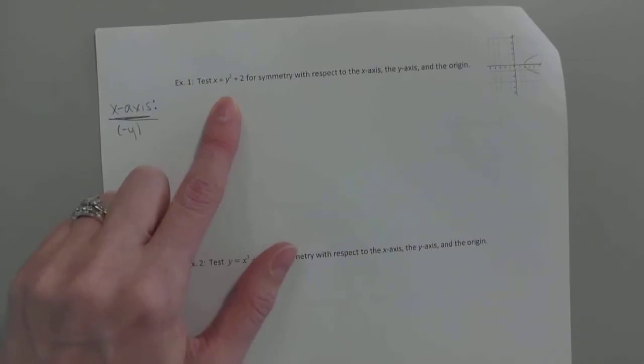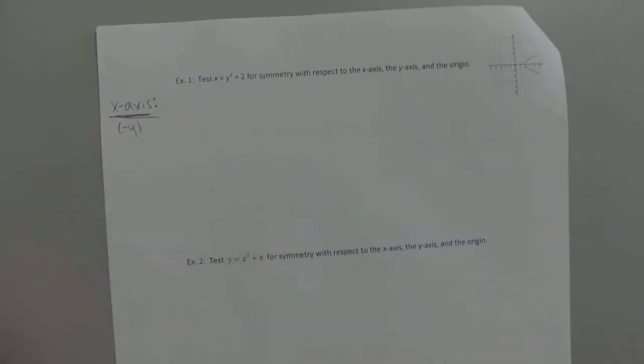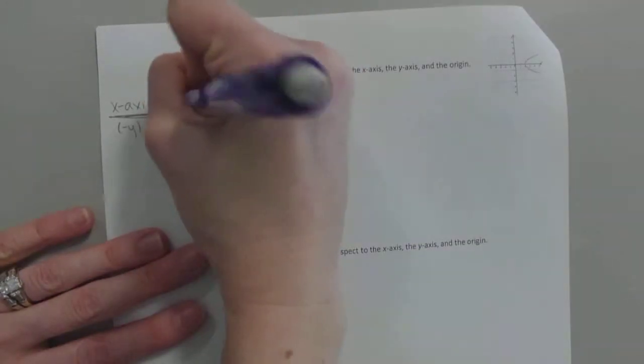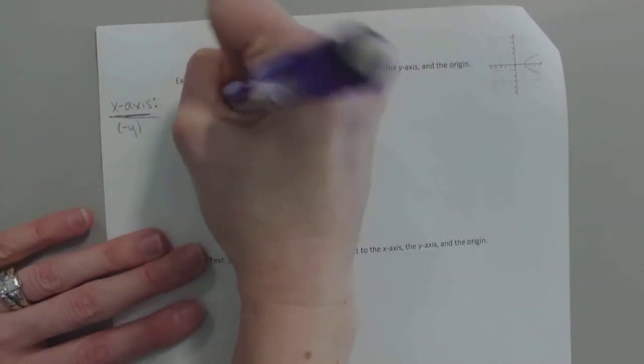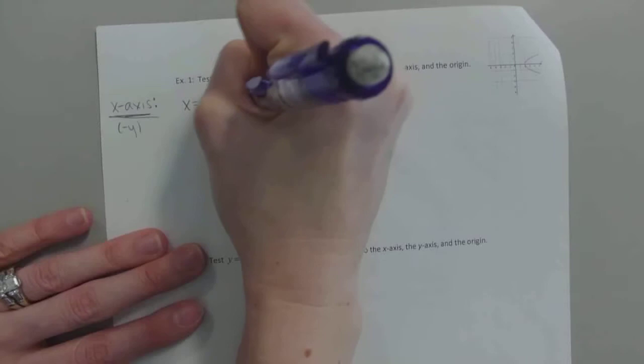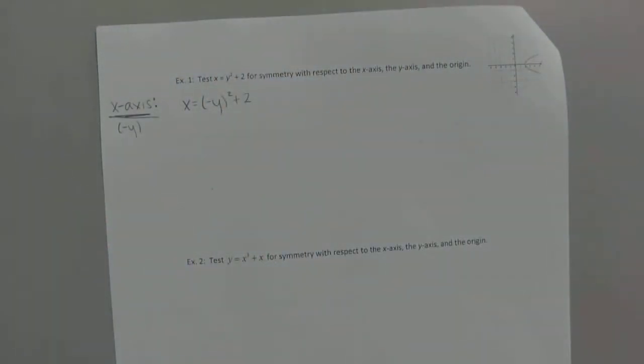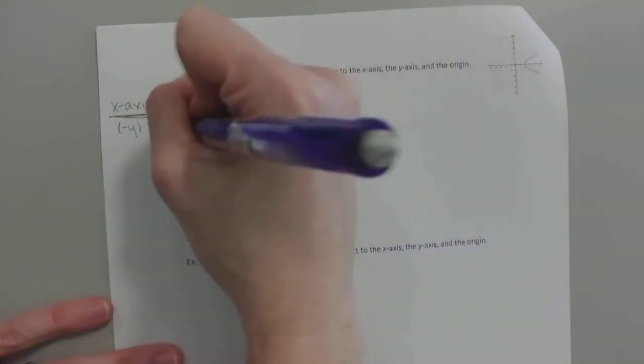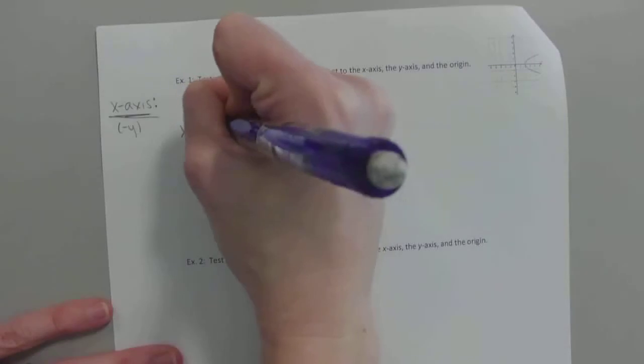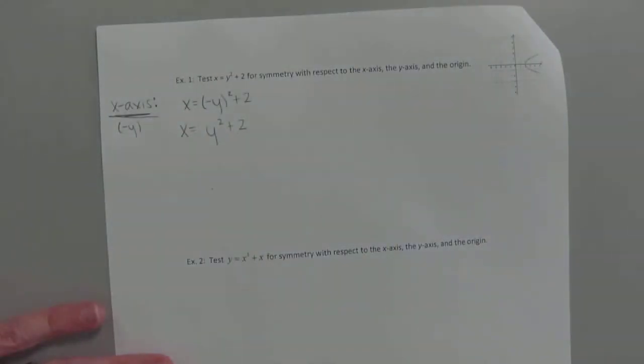So we're going to test for x-axis symmetry first. That means put in a negative y. Okay? So that means in this equation, x equals y squared plus 2, wherever I see y, I'm going to put a negative y. So x equals negative y squared plus 2. Okay? We'll never be able to actually do the math because x's and y's are going to stay generic. What we're really focusing on, guys, is the signs, right? So what happens when you square a negative?